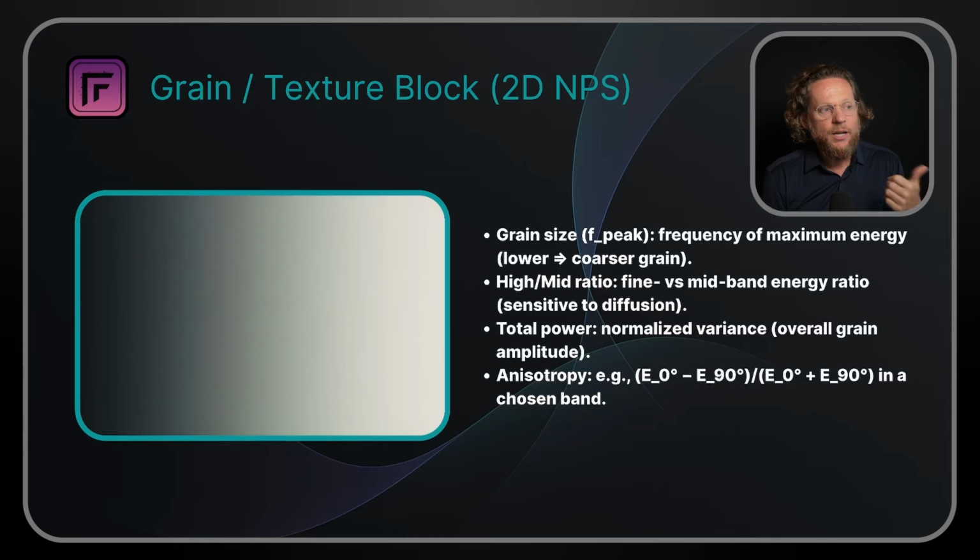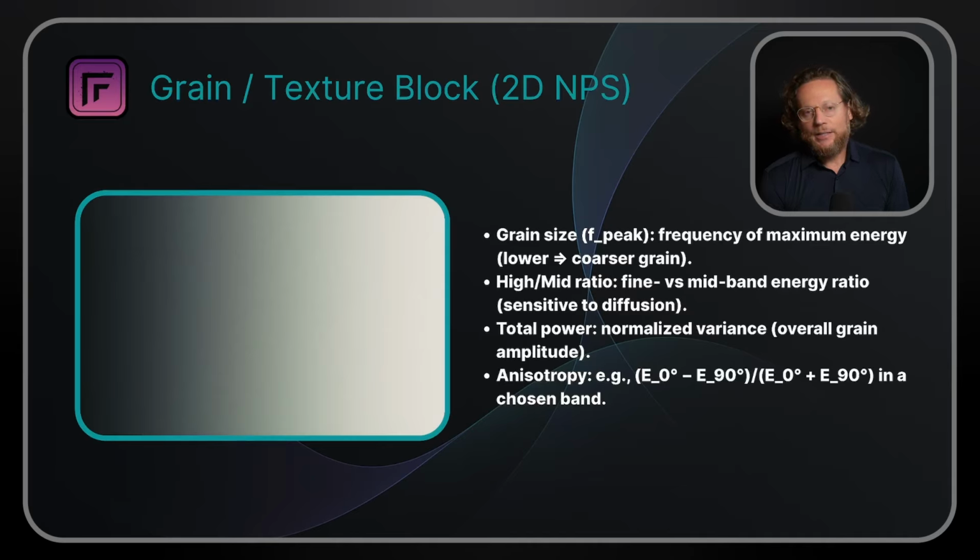So the first thing is the grain size, and that's basically the frequency at the maximum energy. All right. So we feed a particular type of image, and then we measure and find at what frequency this texture is most dominant.